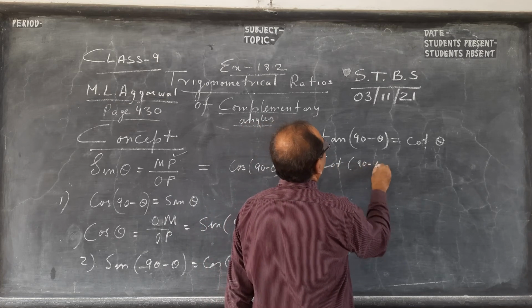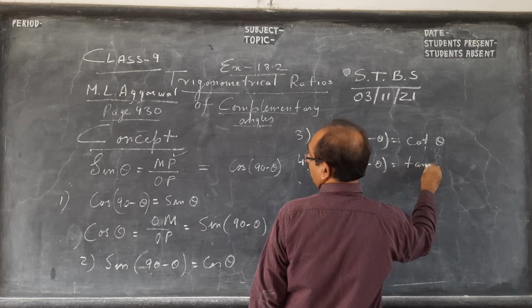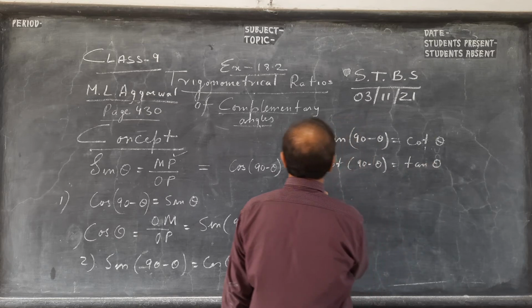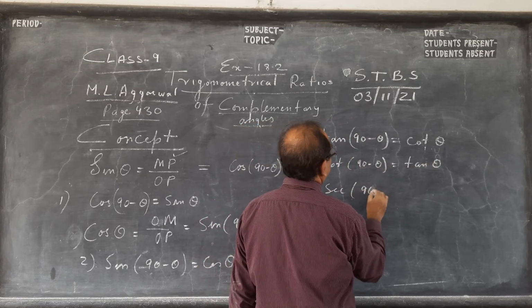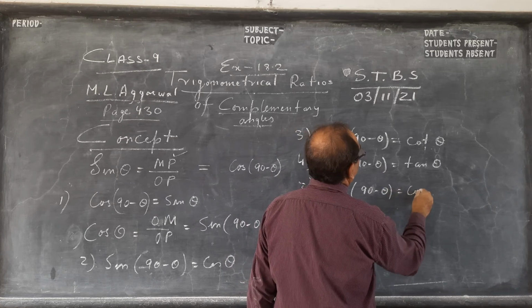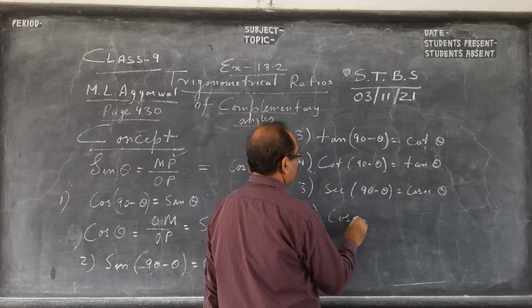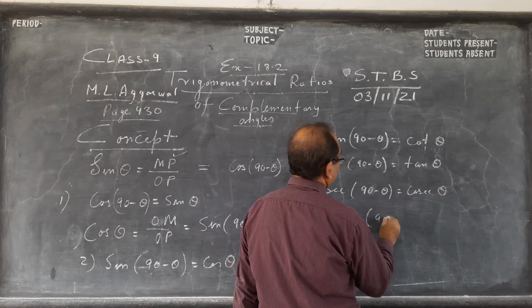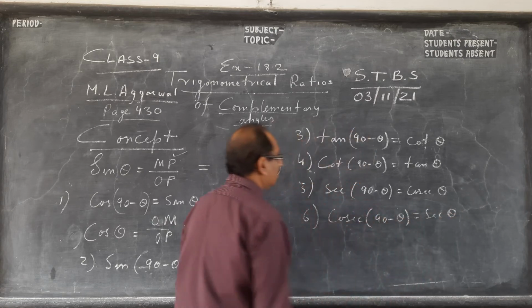Cot 90 minus theta is tan theta. Number 5 is sec 90 minus theta is cosec theta, and last but not the least, cosec 90 minus theta is sec theta. These are called complementary relationships.